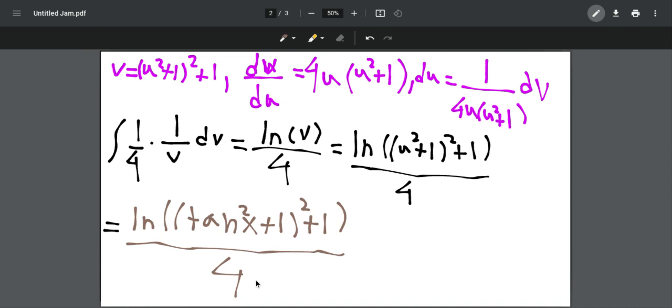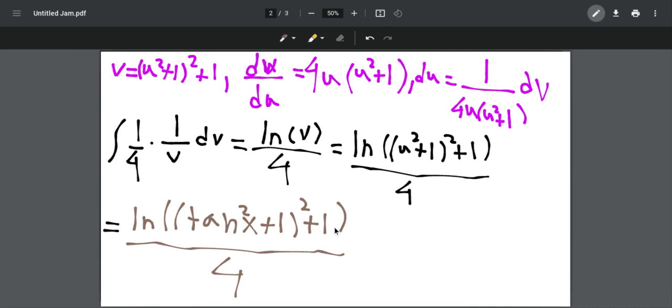Now we are done, but we can simplify this, because when squaring this, we get tangent to the power of 4x and then plus 1.